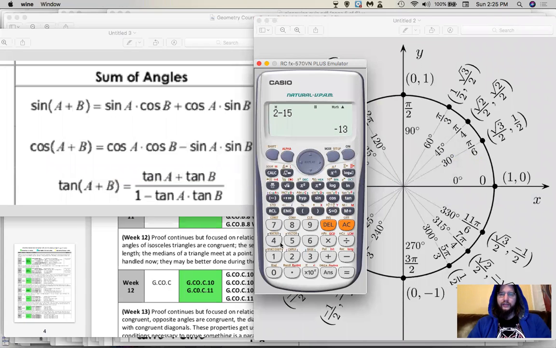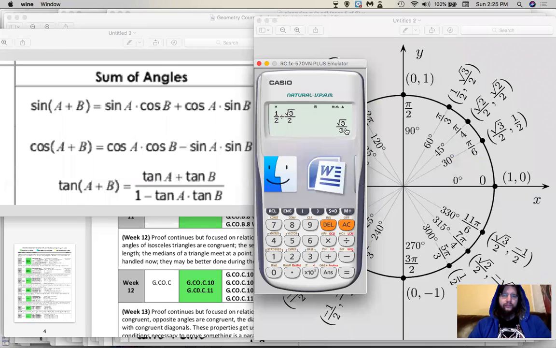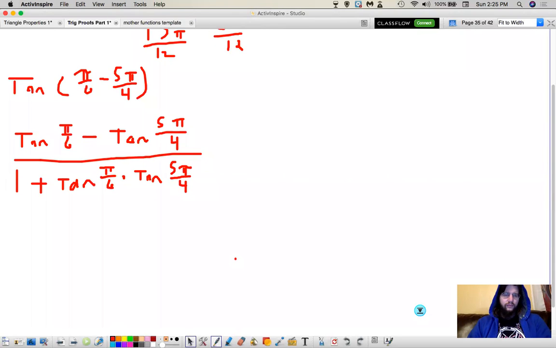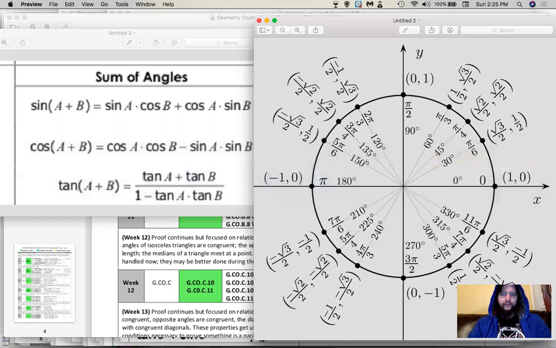The pi over 6, that's a half, divided by square root of 3 over 2. That is square root of 3 over 3. Square root of 3 over 3 minus, that's going to be negative 1.